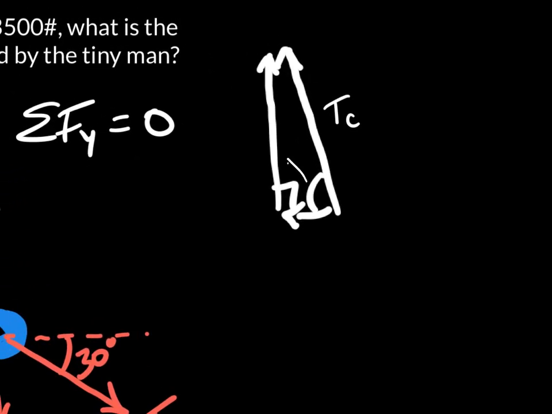If we do our trig properly, this is the opposite side, and TC is the hypotenuse. If I want this vertical side, it's going to be the sine of that angle, 88 degrees, equals the opposite side, which I'm going to call TCY, divided by the hypotenuse, which is TC.